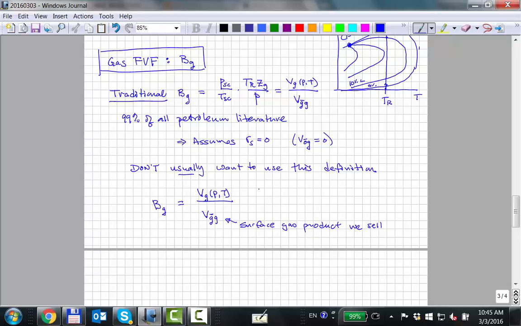And that is equal to, I'm not going to do the derivation for you, but that is equal to this, which is the traditional term times the moles that become gas over the moles that we start as reservoir gas phase.